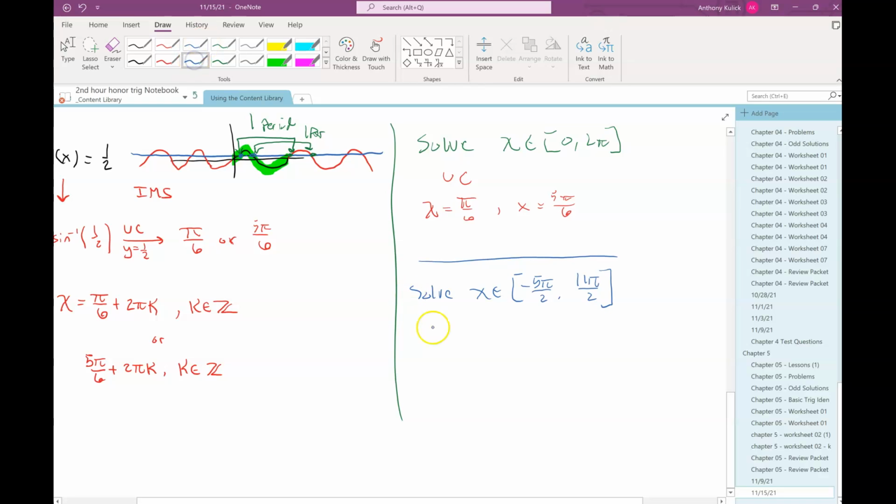Well, what I would do in this case is I'm going to take our infinitely many solutions and use those solutions to generate the answers between negative 5 pi over 2 and 11 pi over 2.